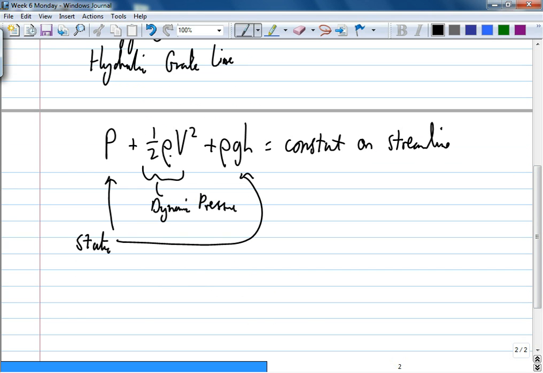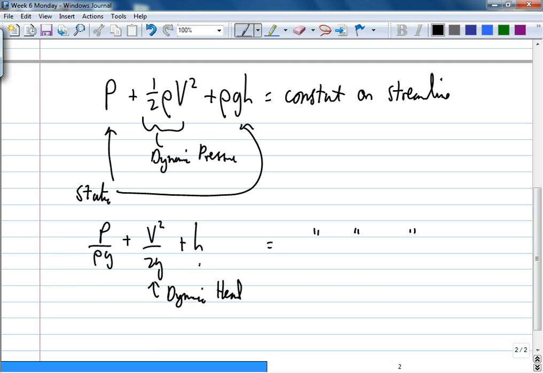If you write it in terms of head, P on rho g plus V squared on 2g plus h equals constant along a streamline, then this one becomes your dynamic head, and this one your static head.